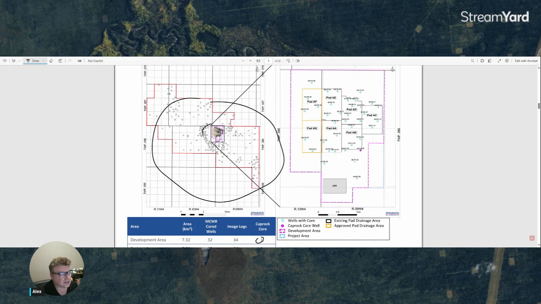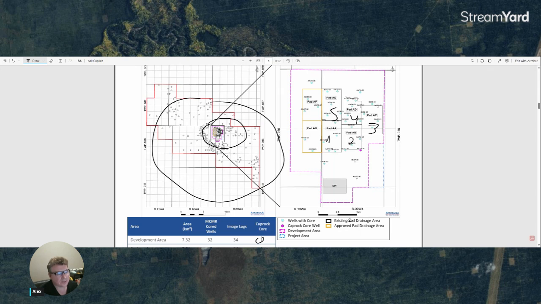And what you see in the picture in the middle is the 5 pads, and each of those pads has 5 well pairs. Those are 1 AA, 2 AB, 3 AC, 4 AD, and 5 AE.